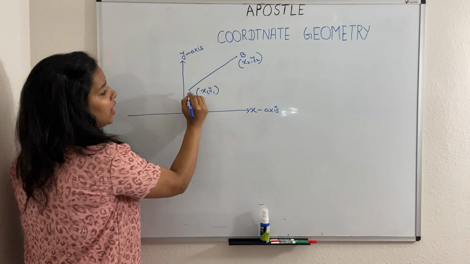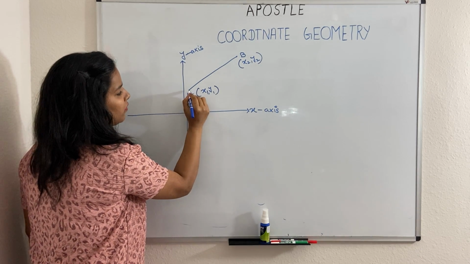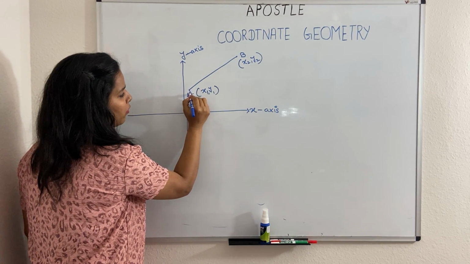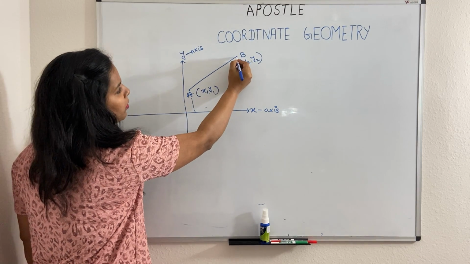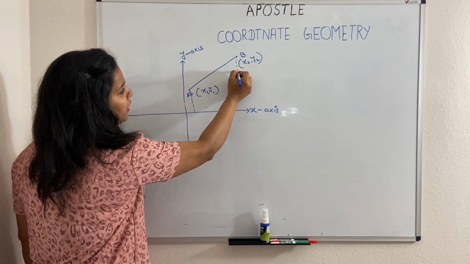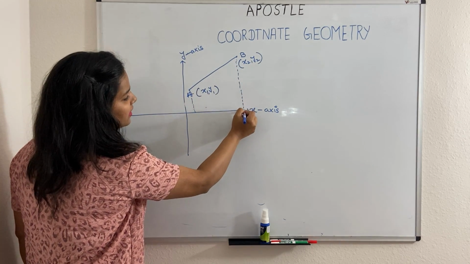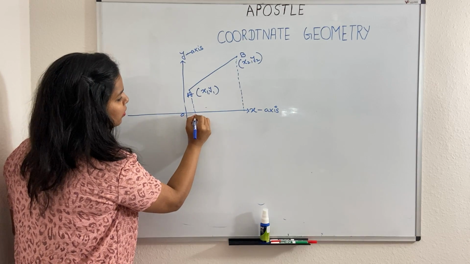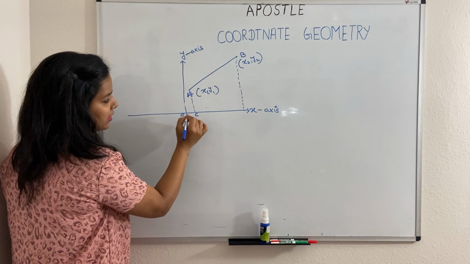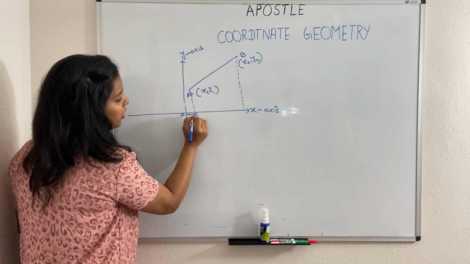So we are drawing some perpendiculars. First of all, I am drawing a perpendicular from point A to the x-axis, and then I am drawing a perpendicular from point B to the x-axis. So this distance O to C is x1. What is this distance?